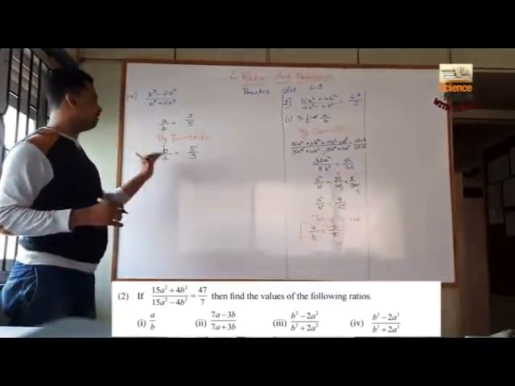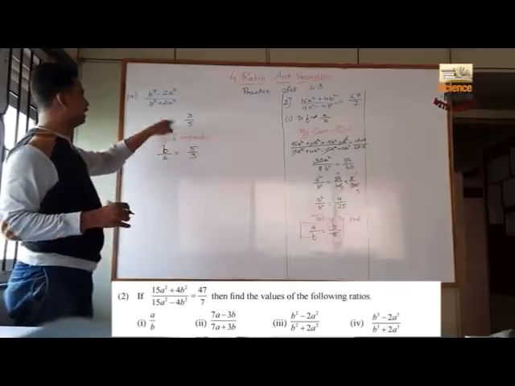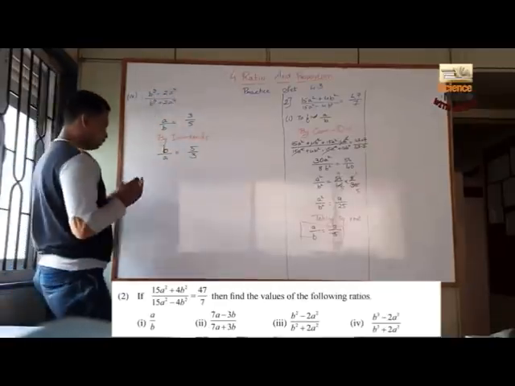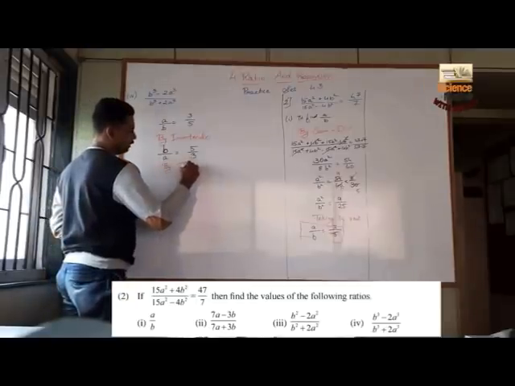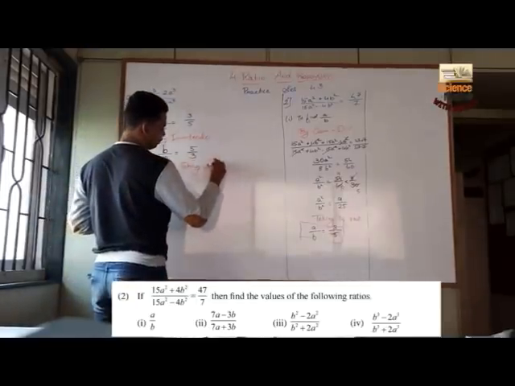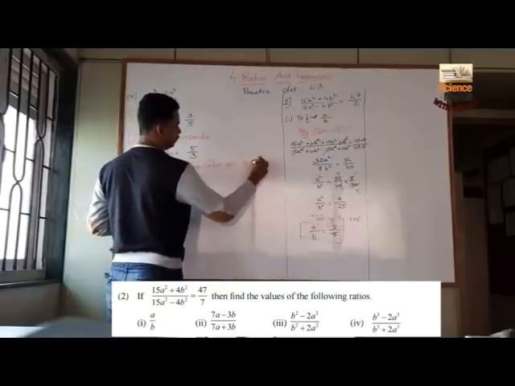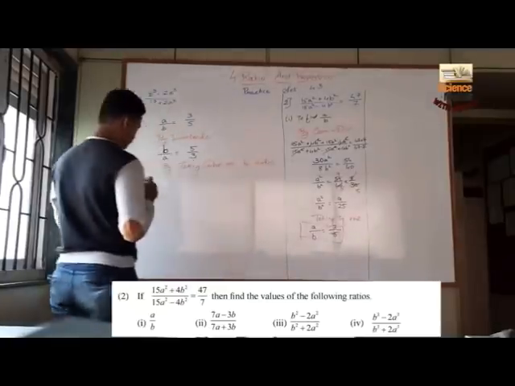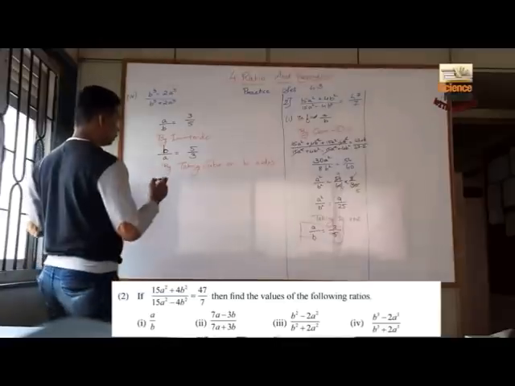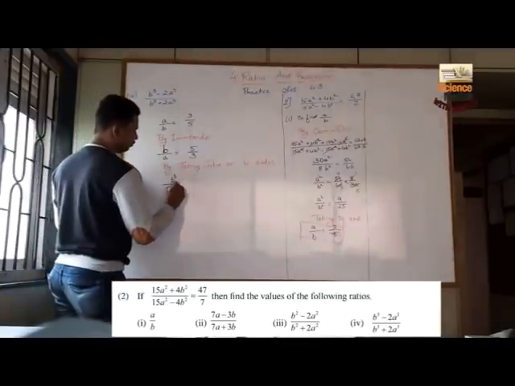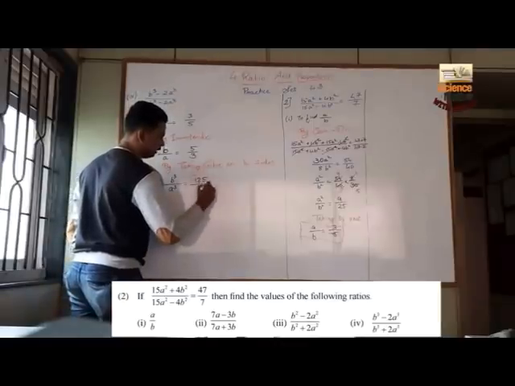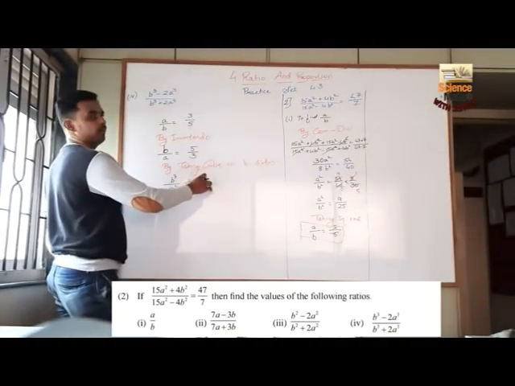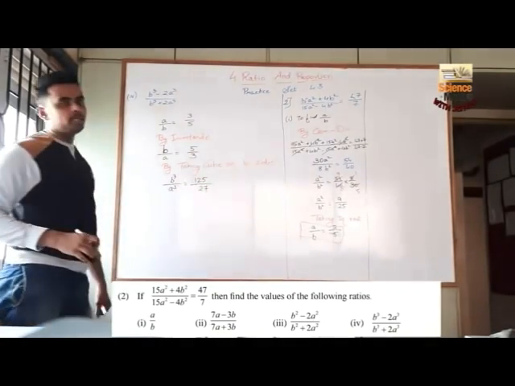Now I have b upon a is equal to 5 upon 3, and the next thing that I want is cubes. So the next thing that I will do is take the cube on both sides. Therefore, when I take the cubes, it will be b cube upon a cube equal to 125 upon 27, as 5 cube is 125 and 3 cube is 27.